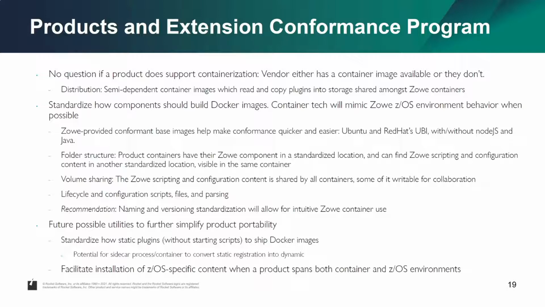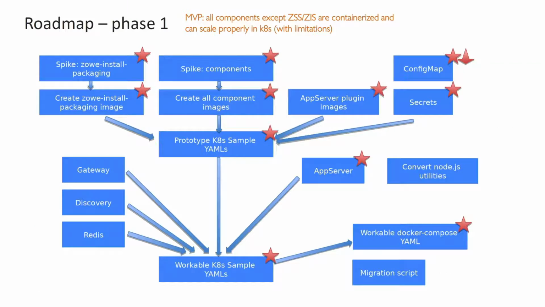So one of the things that we'll be doing is we will be standardizing how static registration of servers would be presented to the mediation layer, or how iframe plugins would be presented to the desktop. We also know that in the case of a ZSS plugin, that plugin needs to be presented to both the app server container and ZSS running over on z/OS. So perhaps there will be an easy way in which a user can do one command to have that file end up in both places.